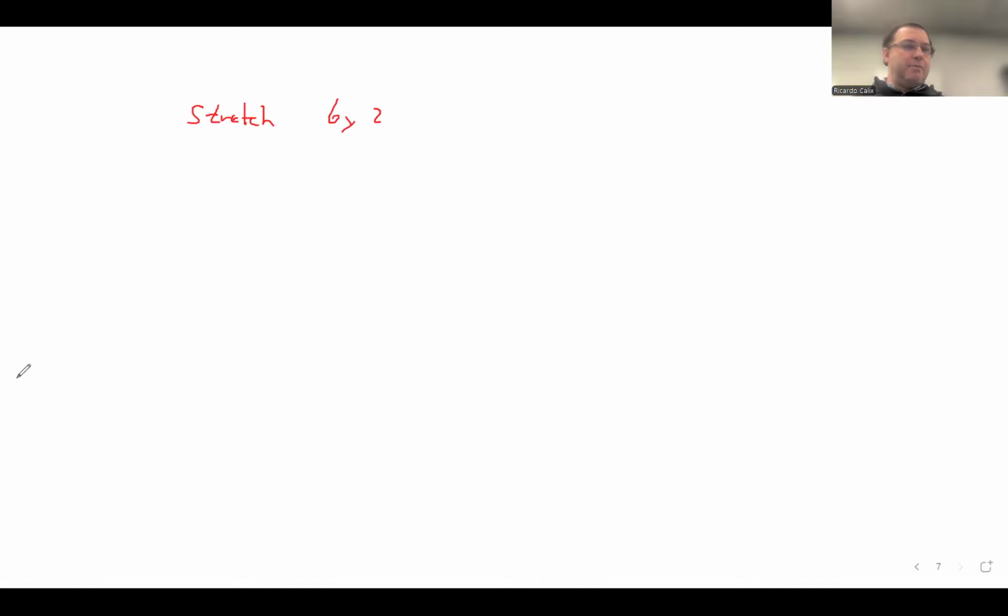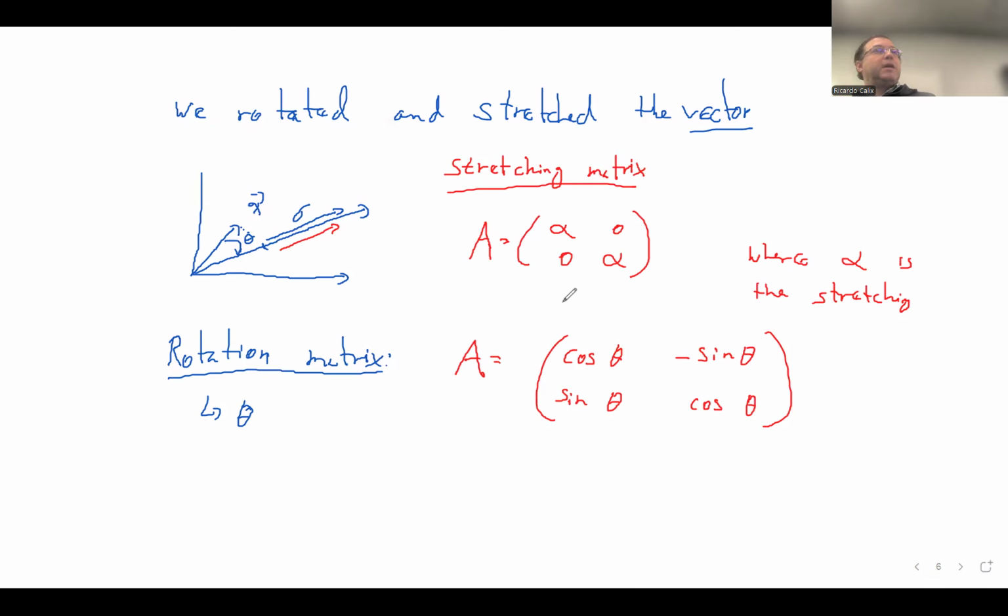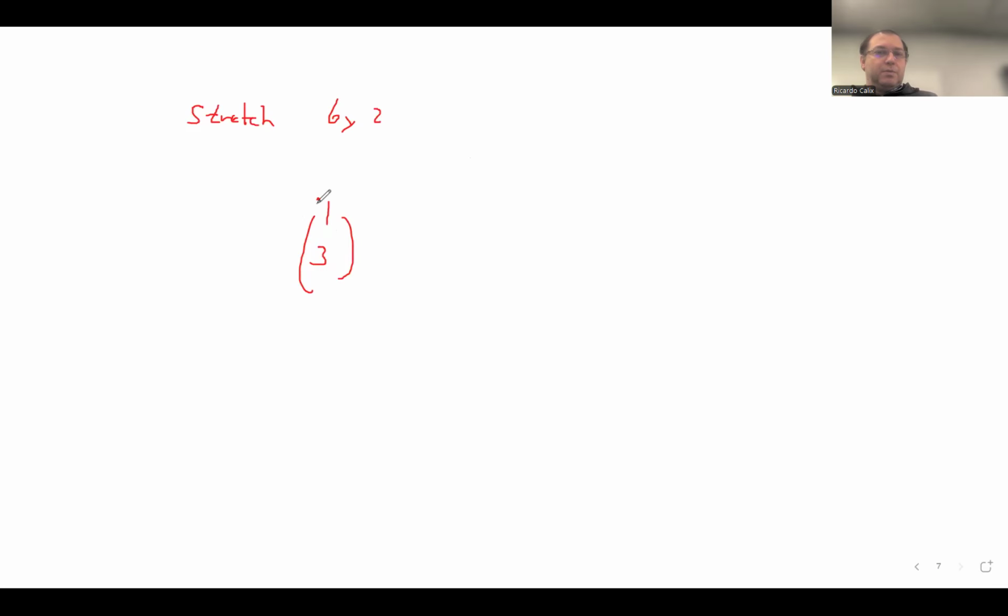Okay, so I have my original vector 1, 3, and I'm saying that I can just use this matrix over here as a stretching matrix, and I want it to be stretched by 2, so I plug in 2 here. All right, so let's do that. So this is going to be 2, 2 on the diagonal, and zeros over here, right? Do you agree? All right.